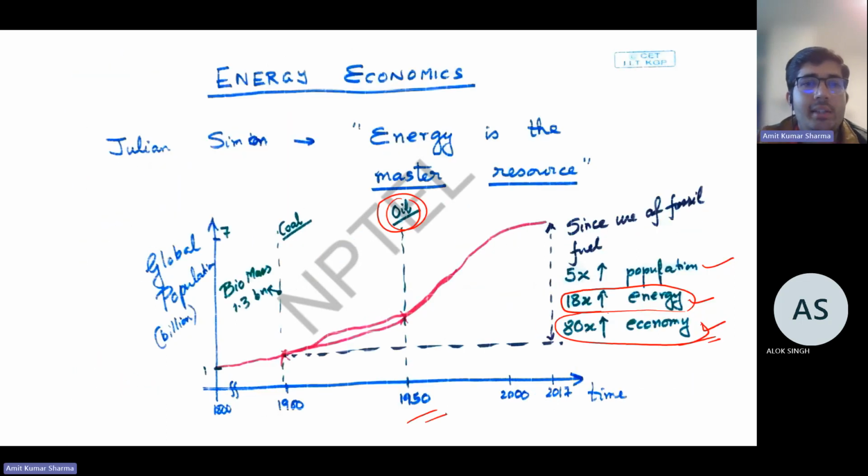So basically energy is the master resource. With energy, the economy can go very high. Energy increased 18 times, but economy increased 80 times. So this is the significance of energy in economics.